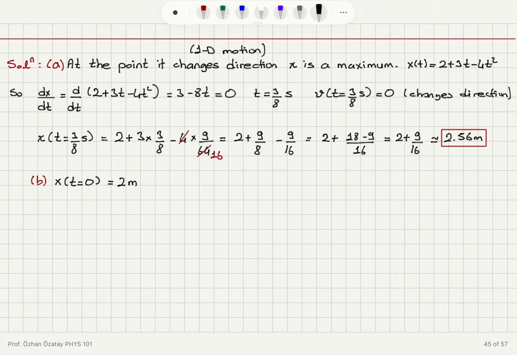So the position was 2 meters. Then at time t final, I'm going to have again a position of 2 meters when it returns.